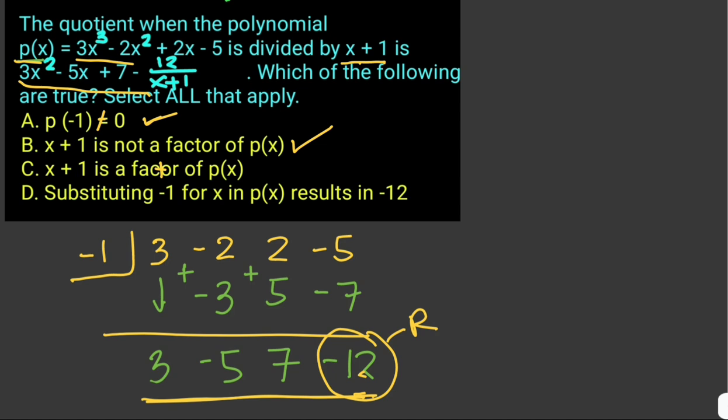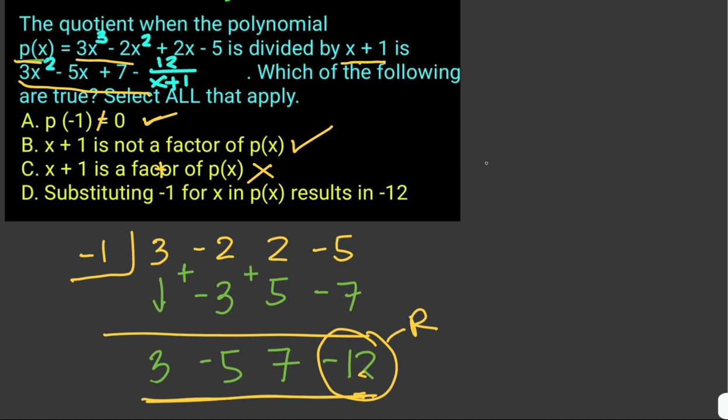Then let's check letter C: x plus 1 is a factor of p of x. Of course, x plus 1 is not a factor of p of x, so let's put an x here. And for letter D, substituting negative 1 for x in p of x results in negative 12.